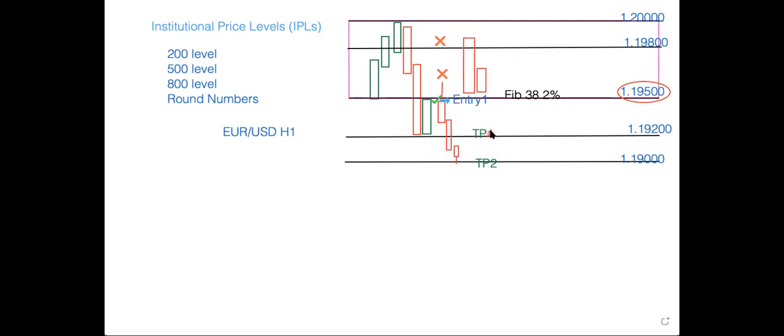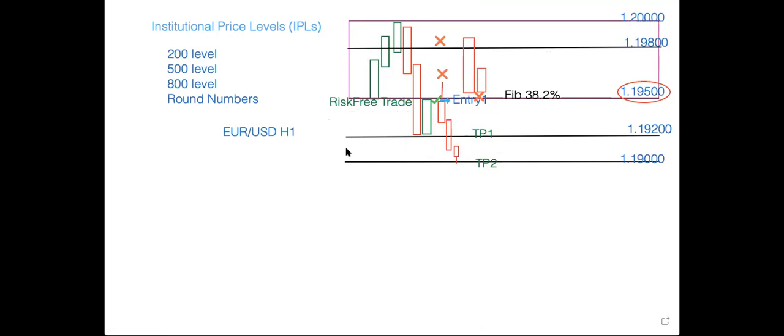So when it's hitting TP1, you can reduce the risk again and bring down the stop loss to entry. What does it mean? It means when you bring the stop loss to the entry, as I told you before, we call it a risk free trade.